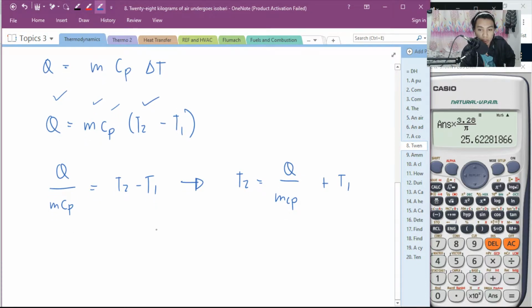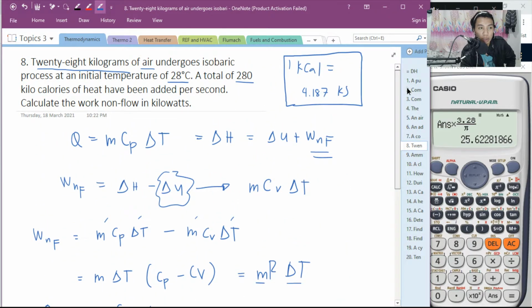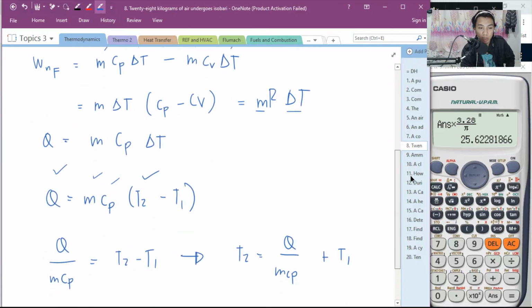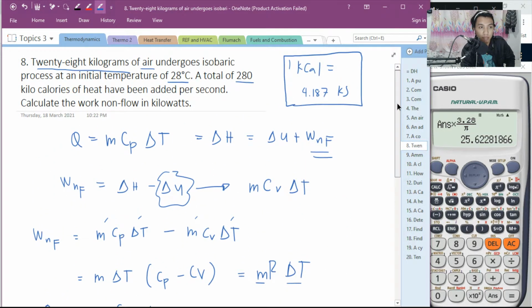So, Q is, convert ko muna, kcal yun. 280 kilocalories per second. Divide by M, 28 kilograms.